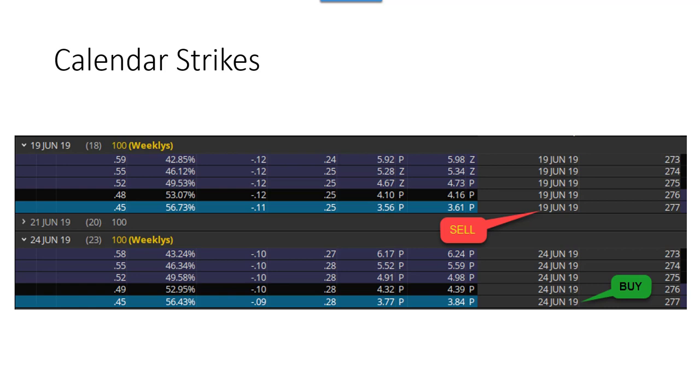Forget about the idea of selling premium and being a premium seller, and forget the idea that this is a premium trade. Think about the idea that I'm going to buy a spread, and to exit, I need to sell it back to the market.